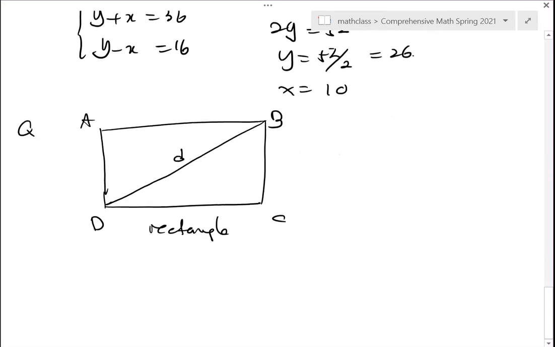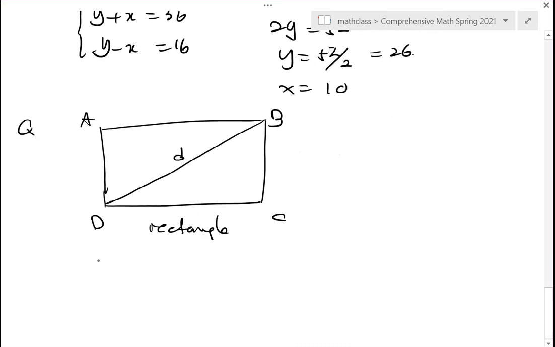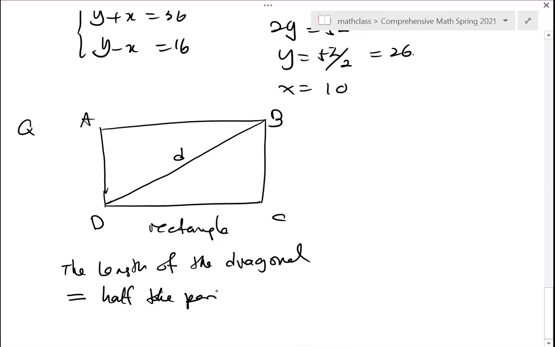So we are given some information: the length of the diagonal equals half the perimeter minus 4/5 of the width.